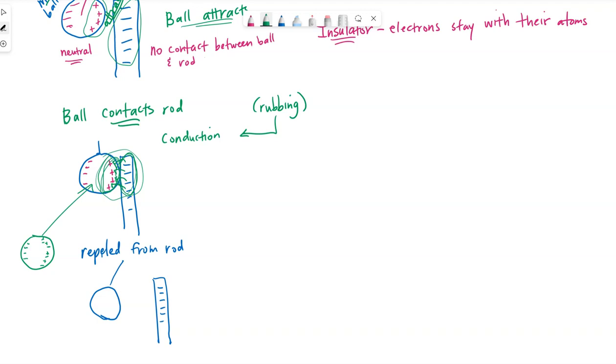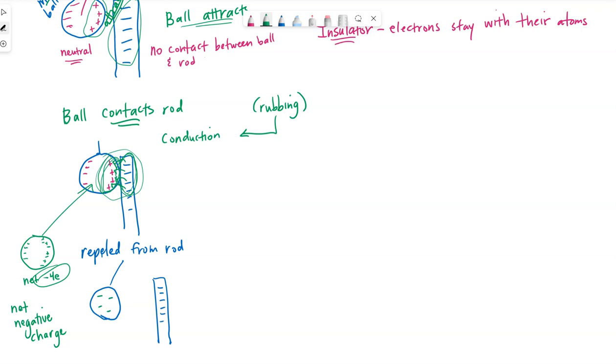So if we added up all these positives and negatives, we have a net negative 4 electrons, just based off of the way I've drawn the picture. So this ball or sphere now has a net negative charge. It has more electrons than protons.